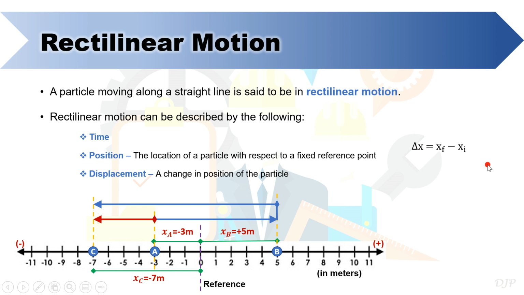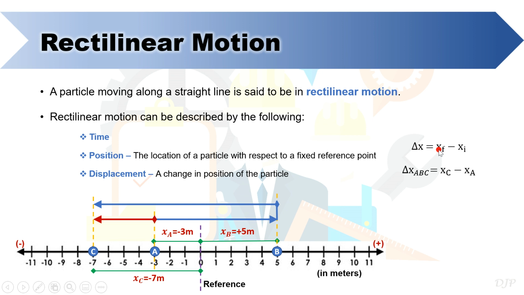To address this specific situation, we should rewrite it as follows. Delta x sub A to B then to C is equal to x sub C, the final position, minus x sub A, the initial position. Notice that displacement only depends on the initial and final position.